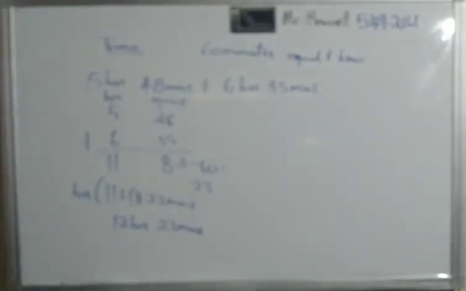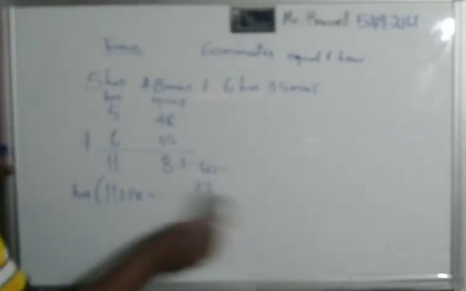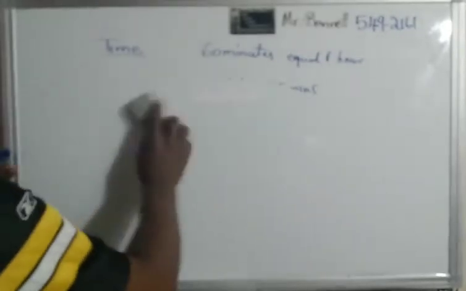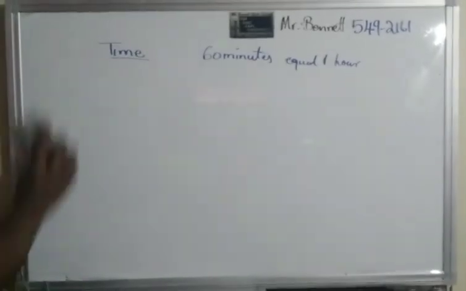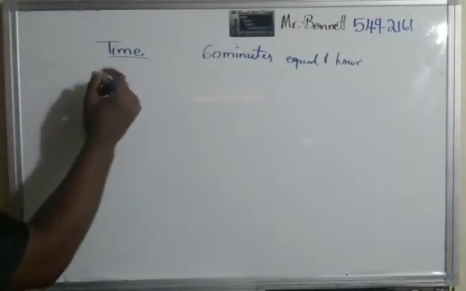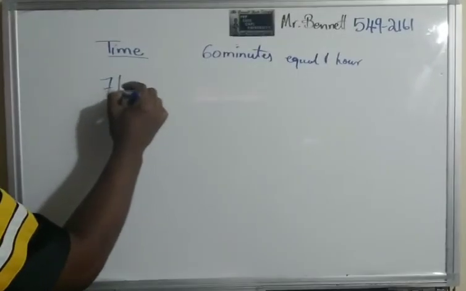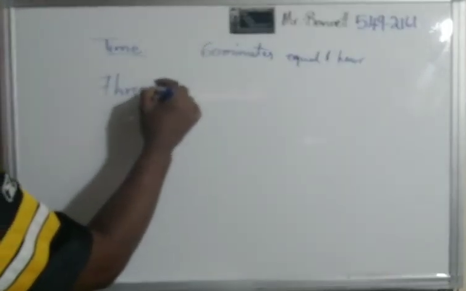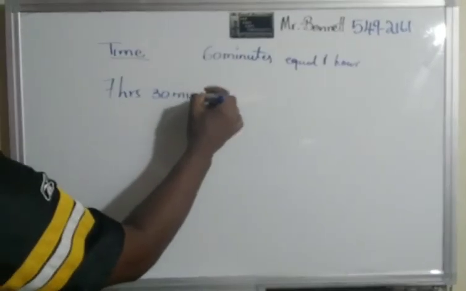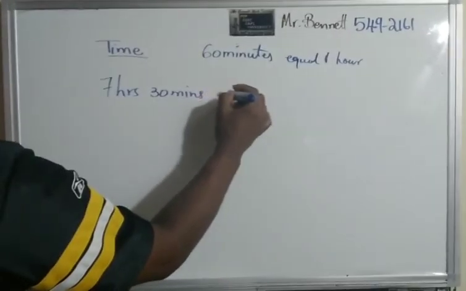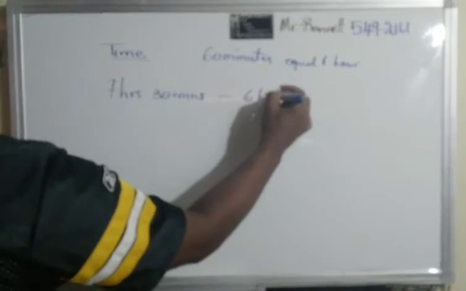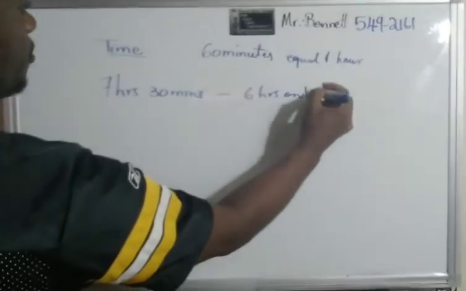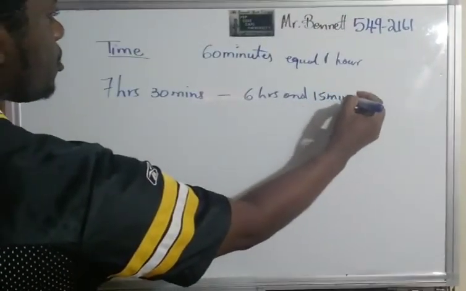Alright, let us look at subtracting. Addition is easy, right? So let us look at subtracting. Let's say we were given 7 hours, and guys, it doesn't really matter, 7 hours 30 minutes. We're gonna do a simple one first. Minus 6 hours and 15 minutes.